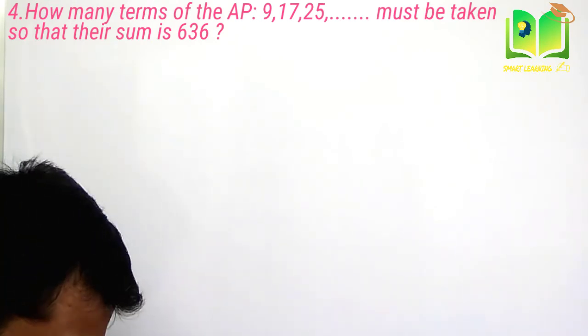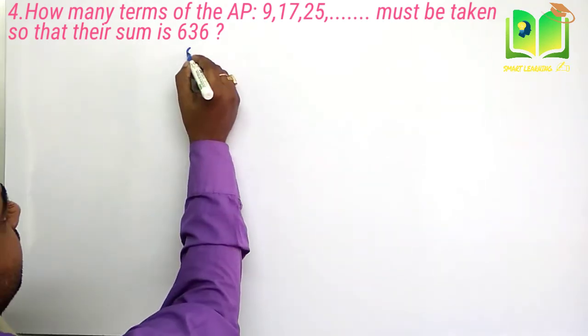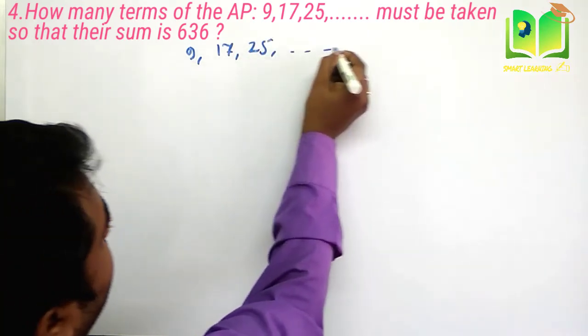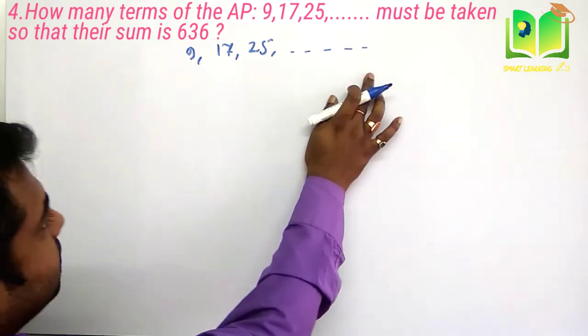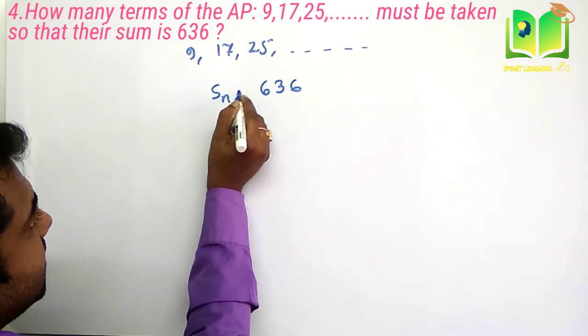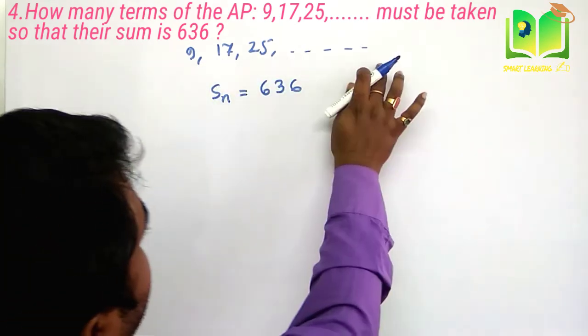So according to the question, the values are 9, 17, 25, ... This is your AP, and the sum of all the values is 636, meaning your Sn equals 636. So you have to find out how many numbers are there in the given series.